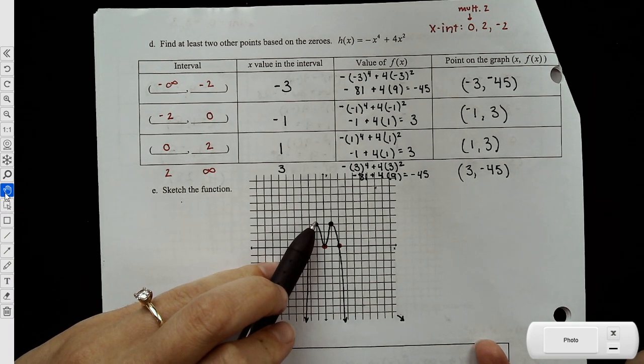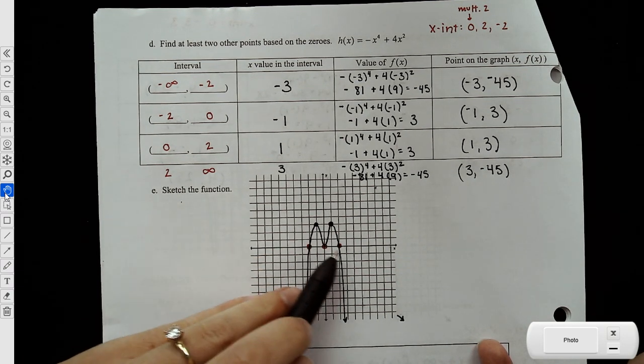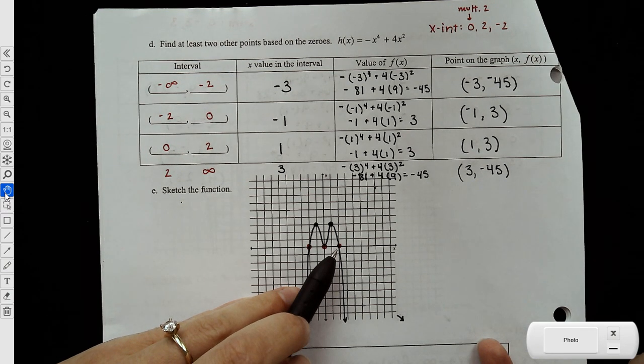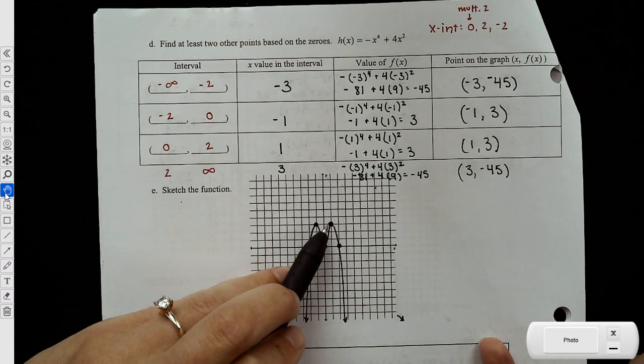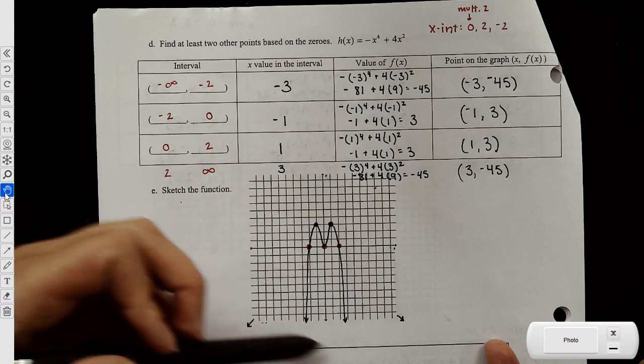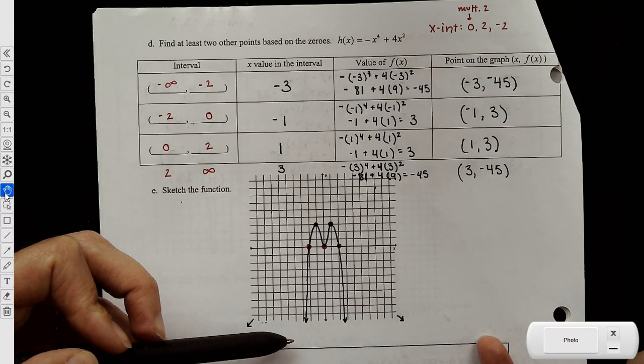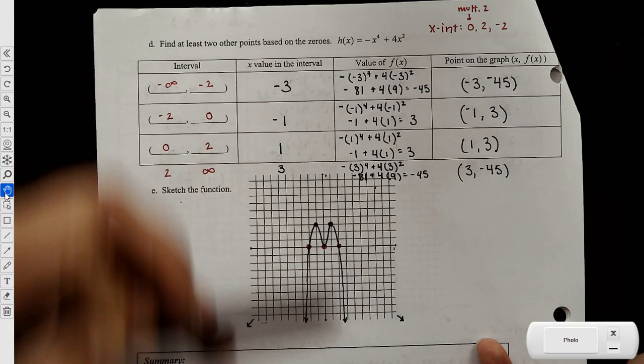At negative 2 and 2, it goes through the x-axis, and those have a multiplicity of 1, which makes sense. Odd multiplicity, it goes through. At 0, it bounces off, which makes sense because that one has a multiplicity of 2. If I look at this graph, I can visibly see that it comes out as an even function because it is reflected about the y-axis.